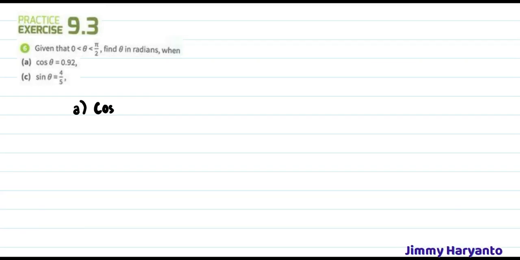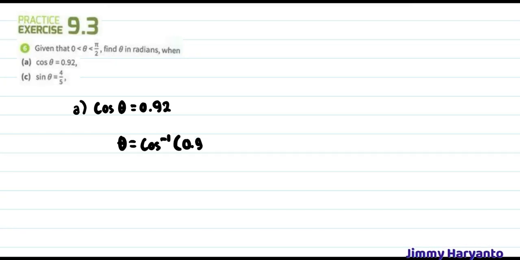And then the next one is question 6a. We have cos theta equals 0.92, and the question wants you to find the angle, the theta itself. So theta equals cos to the power of -1 of 0.92. The question wants you to answer this in radians, so you should set up your calculator into radians also. You'll have 0.403 as the final result in 3 significant figures.